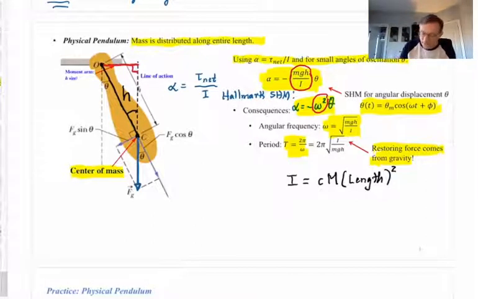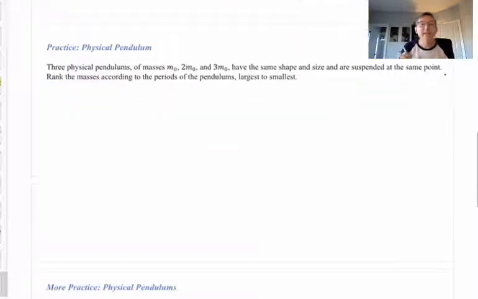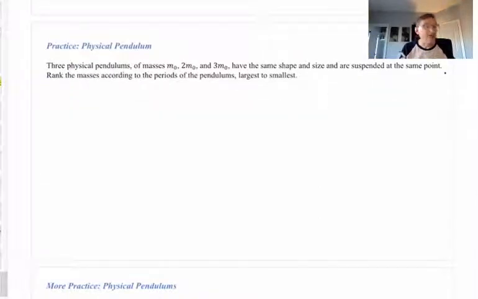All right, so the next practice is meant to see if you've taken to heart the fact I just said about mass and period of a physical pendulum. Here's what it says. We've got 3 physical pendulums. They have different masses, m0, 2 times m0, and 3 times m0. But otherwise, they all have the same shape and size and are suspended at the same point.